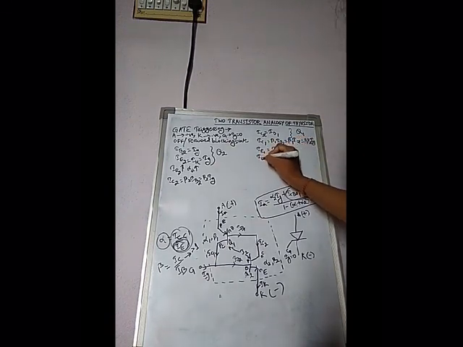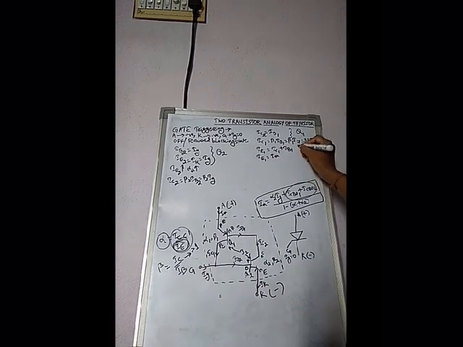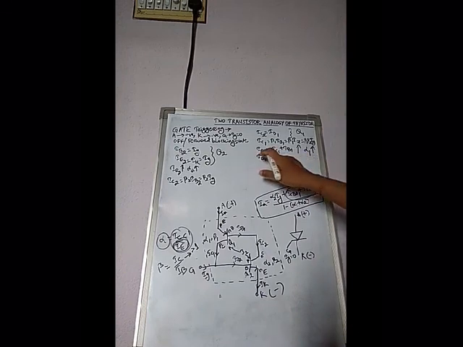This IE1 is equal to IA. The establishment of emitter current rises the alpha value towards unity. So after the establishment of emitter current for Q1, there is a rise in the value of current gain alpha 1.